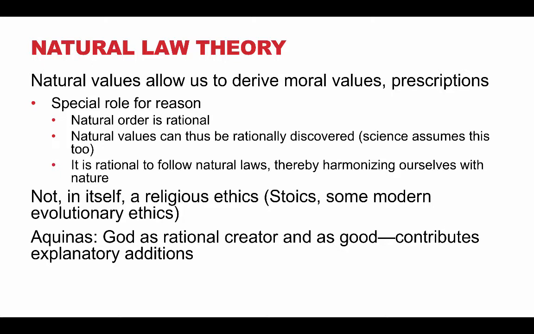When we figure out that there's an aberration or an exception, we put that as part of the rule as well. So it's not chaotic and random when we do biology, or chemistry or physics. So natural values seem to be rationally discovered, and it's rational to follow these natural laws, right?